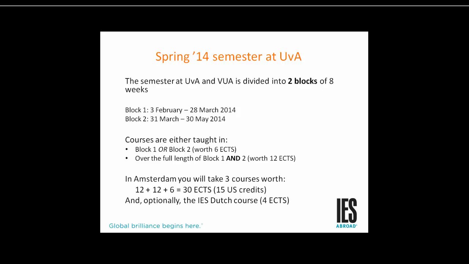Others are taught over the full length of both blocks, and they are often worth 12 ECTS credits. That's just for you to keep in mind when you're looking at the course list. When you're in Amsterdam, you'll be taking 3 courses, 2 of those full-length courses of 12 ECTS credits, and 1 of 6 ECTS credits. It will get you to a total of 30 ECTS. And as said, you can add the IES Dutch course to that, which is worth 2 US credits. Next, please.